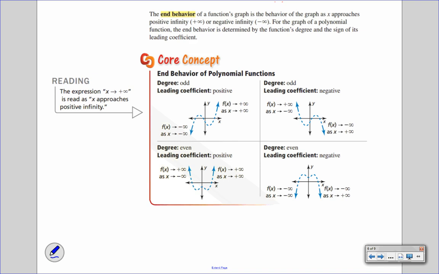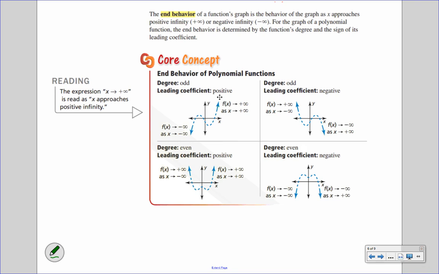All right, next up, we're going to be talking about end behavior. I took this directly out of your book, so you can look at it in your book. But the end behavior is where the x and y values are going at the ends of the graph. So if you look at this first one, right here, the y values are going positive, or we call it the f of x.